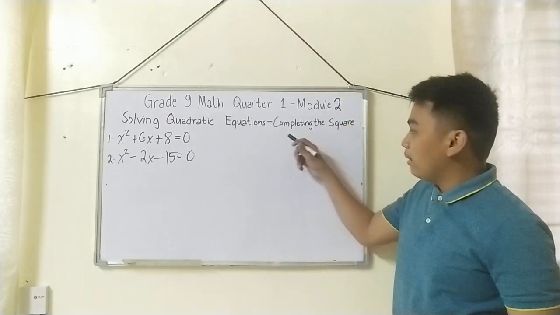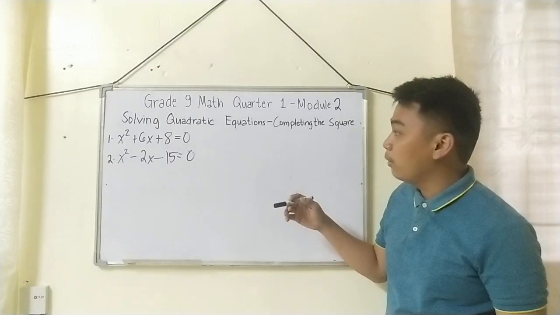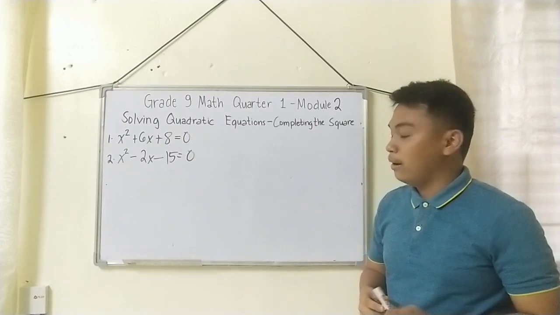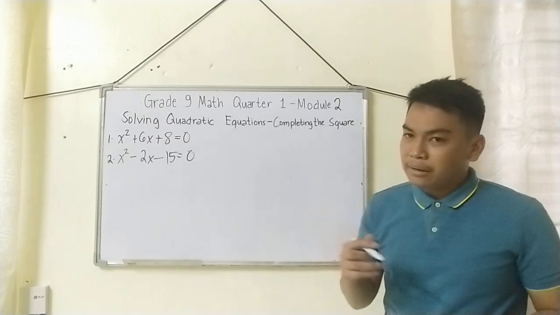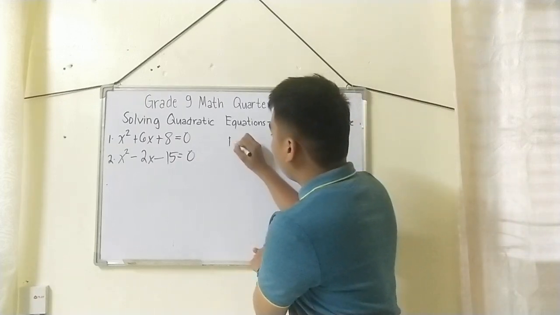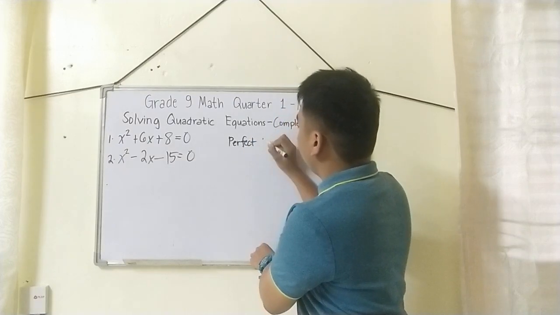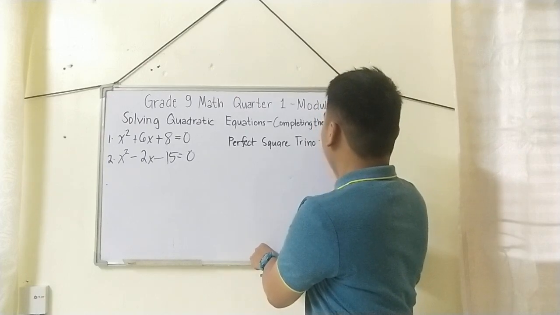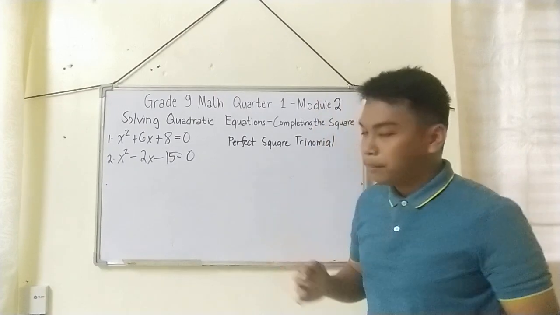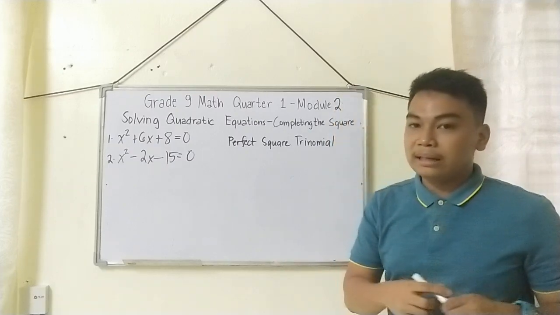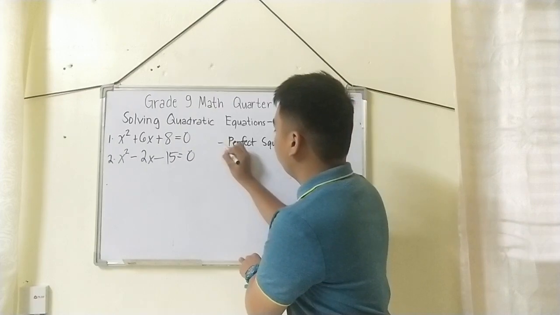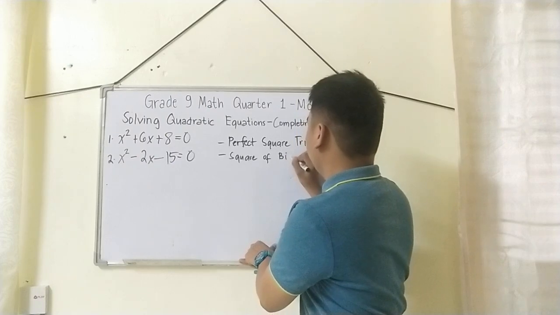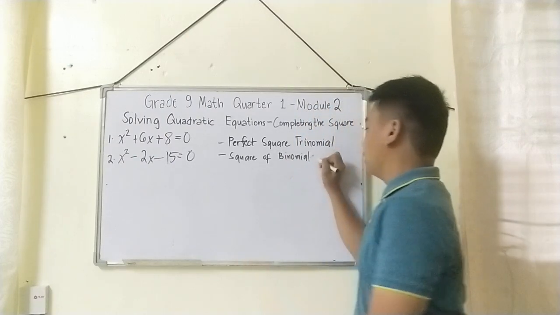So now, I will teach you how to solve a quadratic equation by completing the square. Okay, let's have an example first, Hobbiters. We have what we call a perfect square trinomial, and we also have what we call the square of binomials.